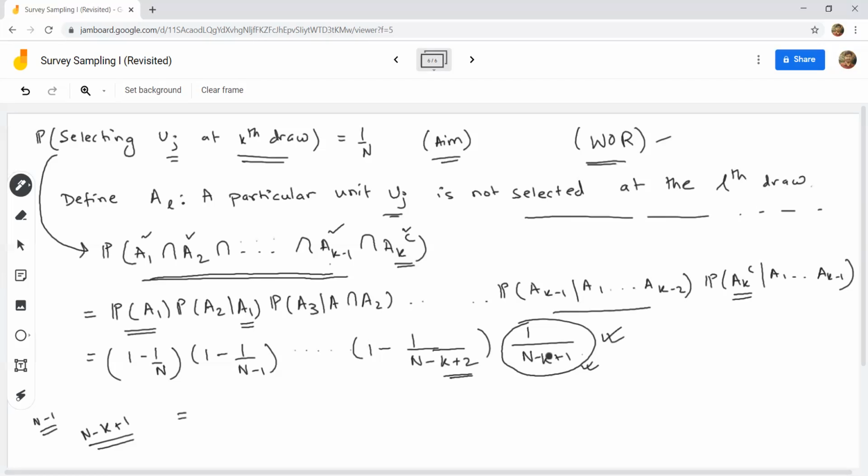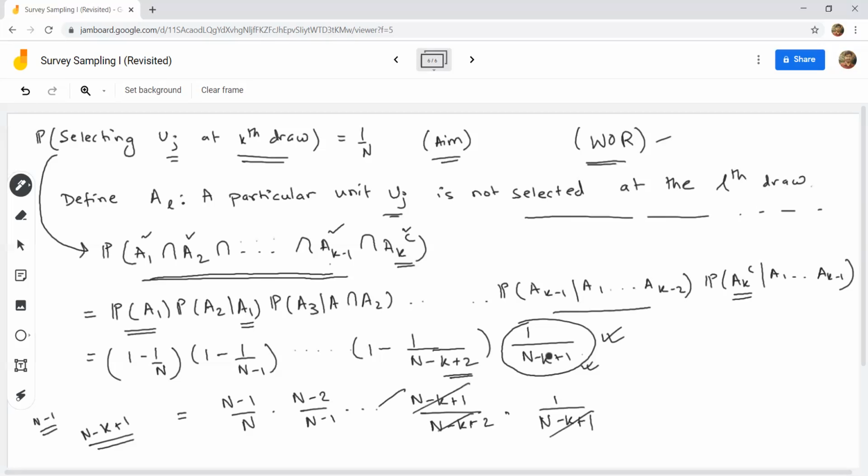So now if you simplify this, this should turn out to be n minus 1 by n, times n minus 2 by n minus 1, and this goes on to n minus k plus 2, times 1 by n minus k plus 1. So all these things cancel out.